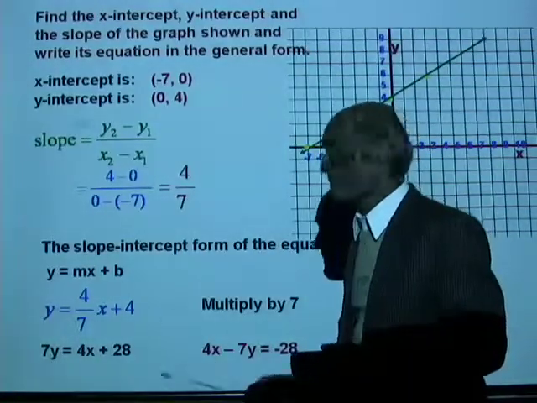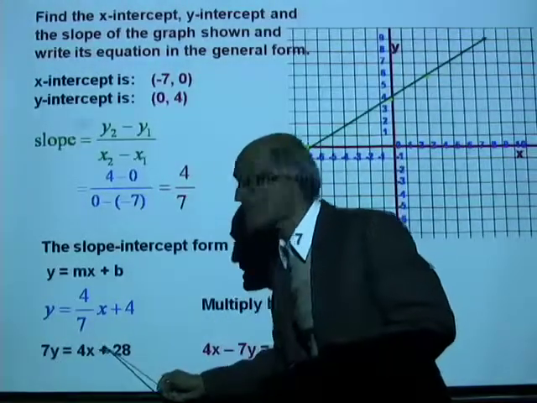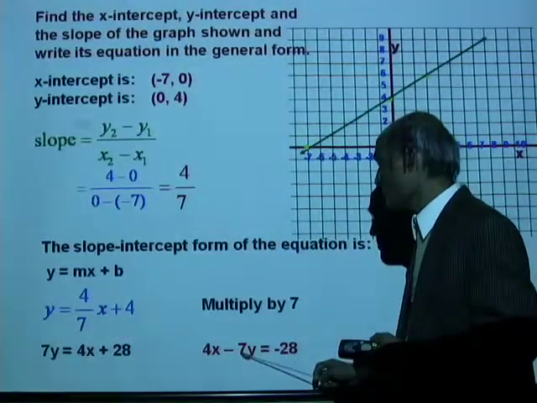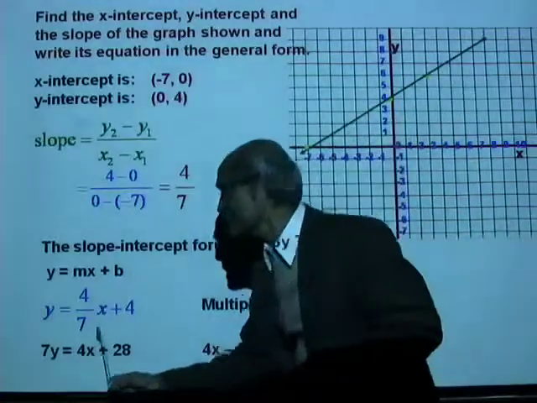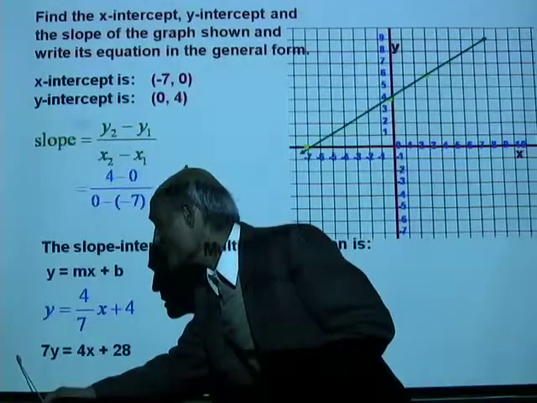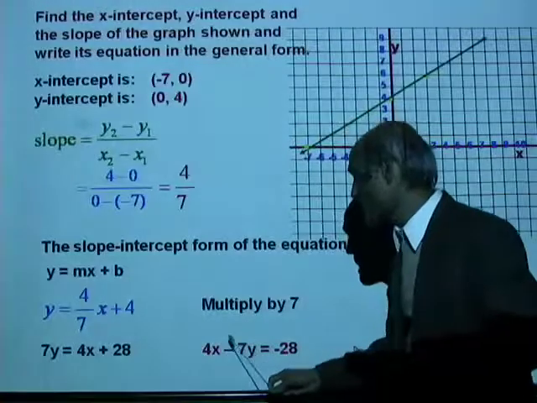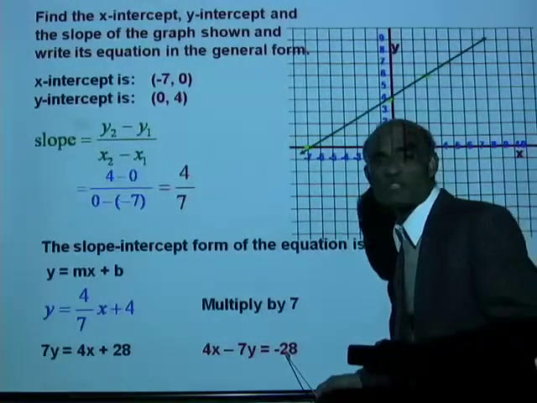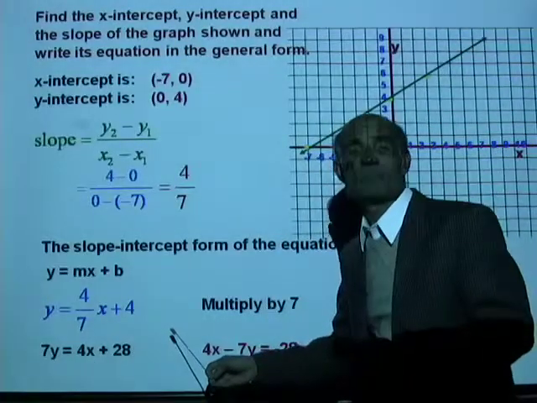And that will give you -4x plus 7y equal to 28, which is the same as 4x minus 7y equal to -28. Is that right? I just said move the 4x to the left. It will become -4x. -4x plus 7y equal to 28 is the same as 4x minus 7y equal to -28. Can you understand that? Just multiply every term by -1.